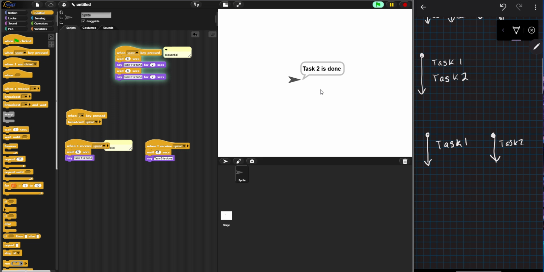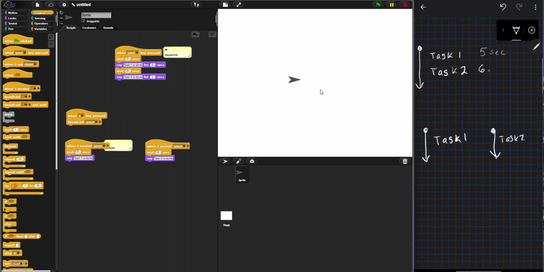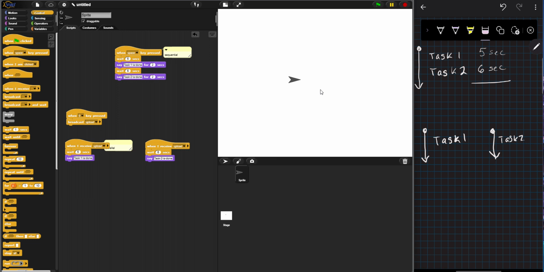So if this is 5 seconds and this is 6 seconds, in total it took us 11. Where did I put 12? My bad. 11 seconds.